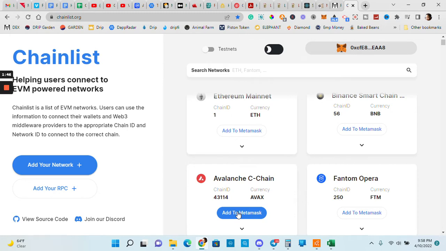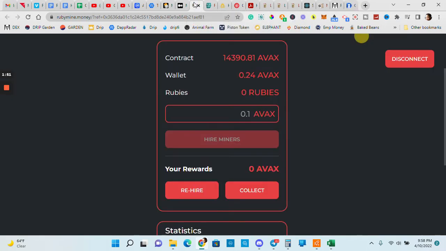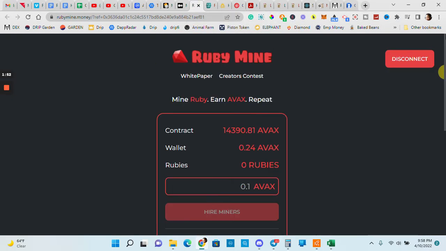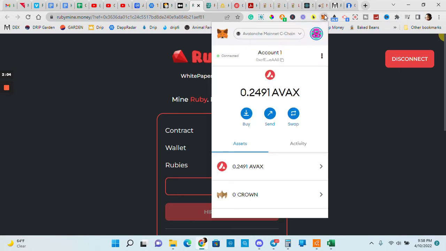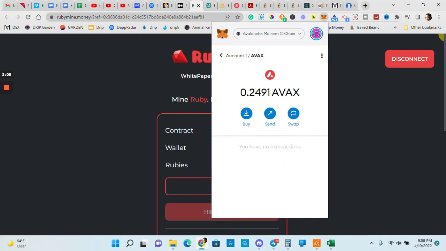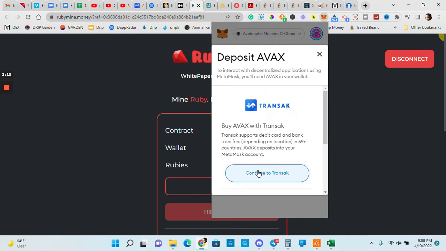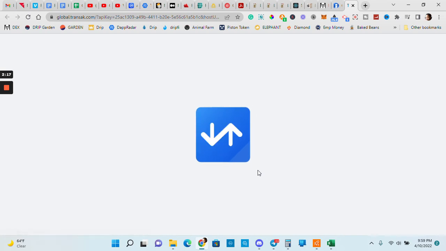Then you're going to need to purchase some AVAX tokens. You can do that from any exchange service you prefer, like crypto.com or whatever third-party service you use, or you can purchase AVAX right in your MetaMask wallet. Find the AVAX token, click on it, hit buy, continue to transact, set up your account, and enter how much AVAX you want to purchase.